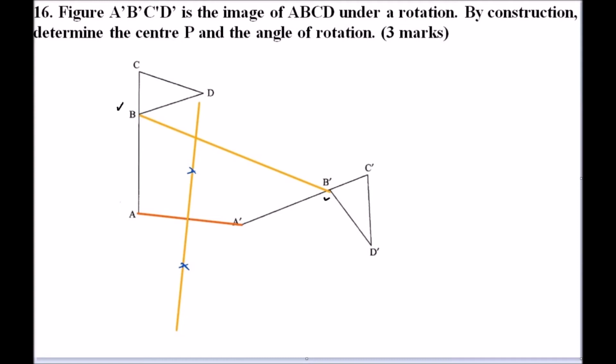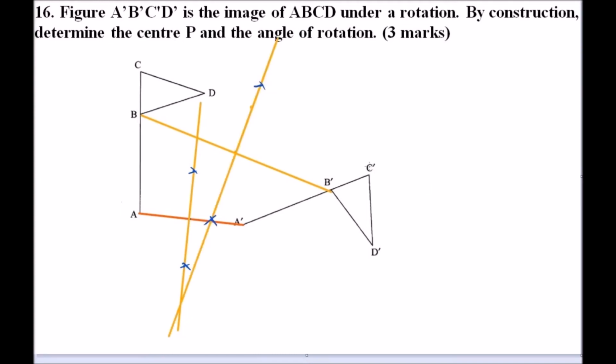That is what I have done. So I have come up with a perpendicular line to B B prime, and a perpendicular line to A A prime, and where the two lines meet, that marks the center of rotation. So that is the center of rotation.